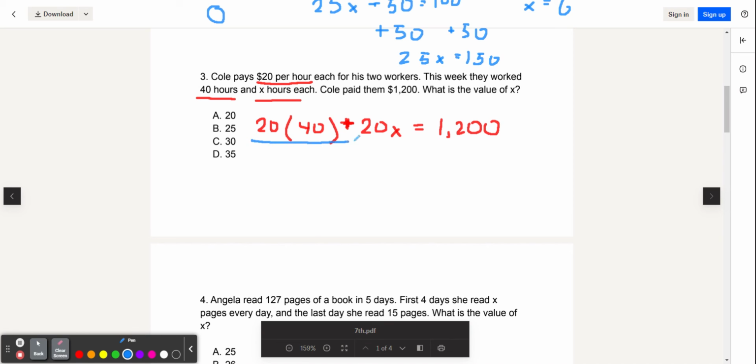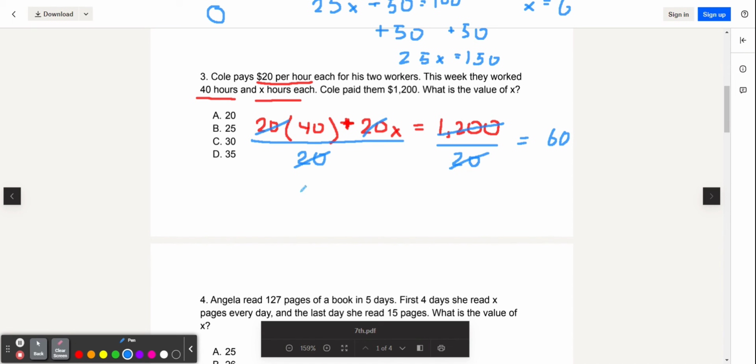Or you could divide both sides by 20 from the start. This will make our numbers smaller and easy to work with. 20 cancels with the 20s in the numerator. And here, 1,200 divided by 20 is simply 60.